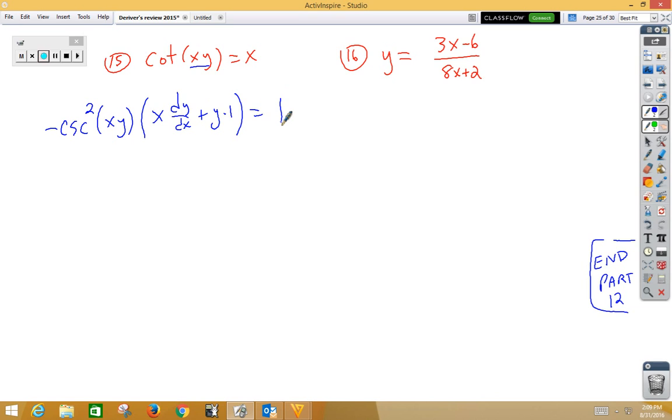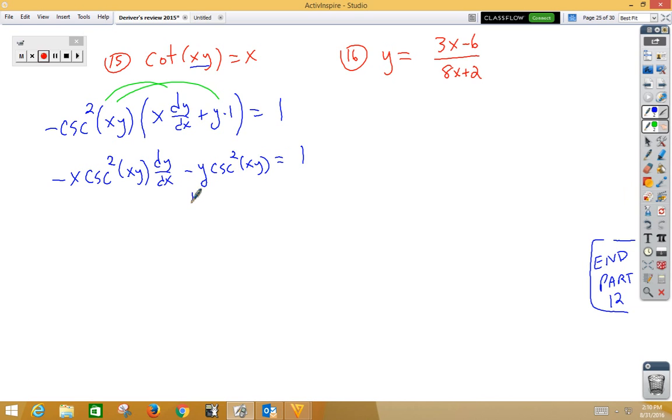Although we could divide the outside term to the other side, I think it's better if we distribute. So we go negative x cosecant squared xy dy dx minus a y cosecant squared xy is equal to 1.